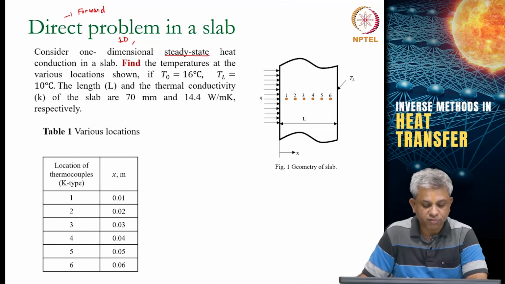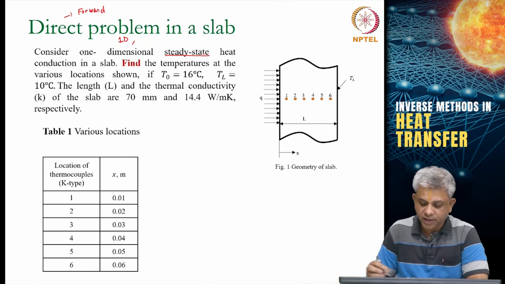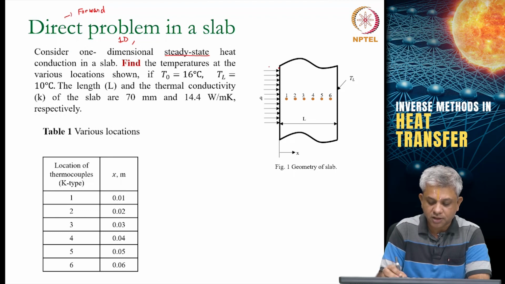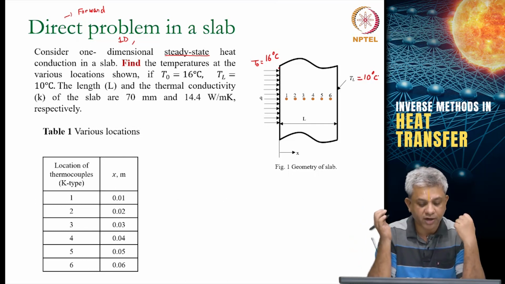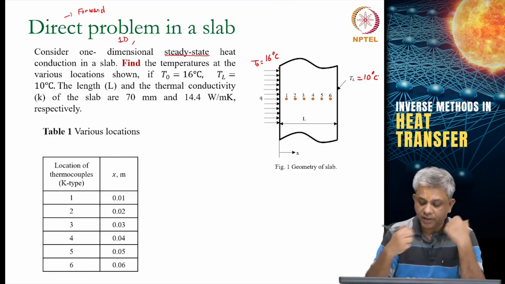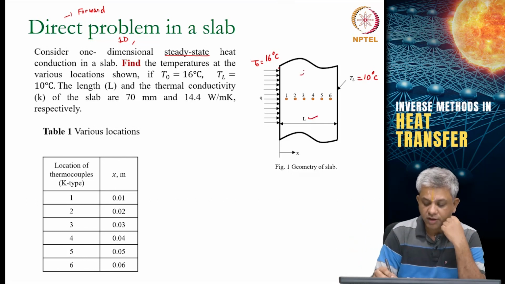So, let us say the left hand side temperature T0 is 16 degrees centigrade and T at x equal to L is given to be 10 degrees centigrade. So, you are given the temperatures at the left and right end, and the length is given. You are also given the conductivity.